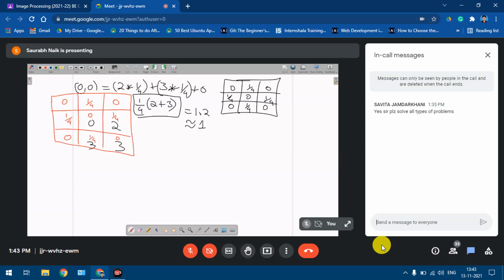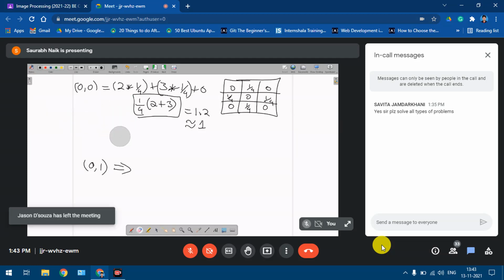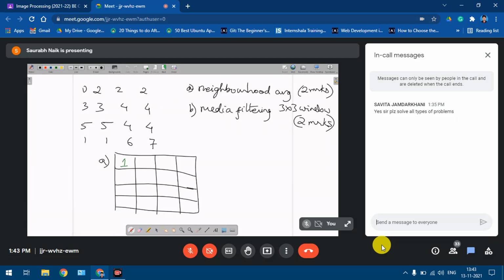In the same way for 0, 1, I'll have to calculate the values. So this is going to change. So now at 0, 1, my pixels are this. So this becomes the central pixel, and the neighbors are this 0, this 2 here, and this 3 here.